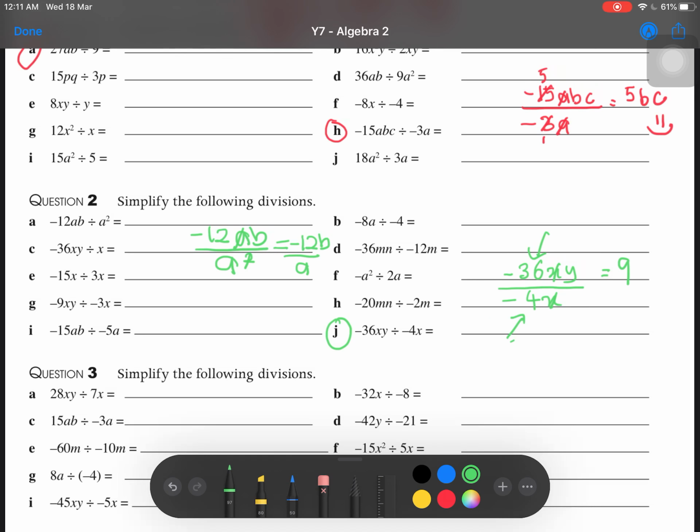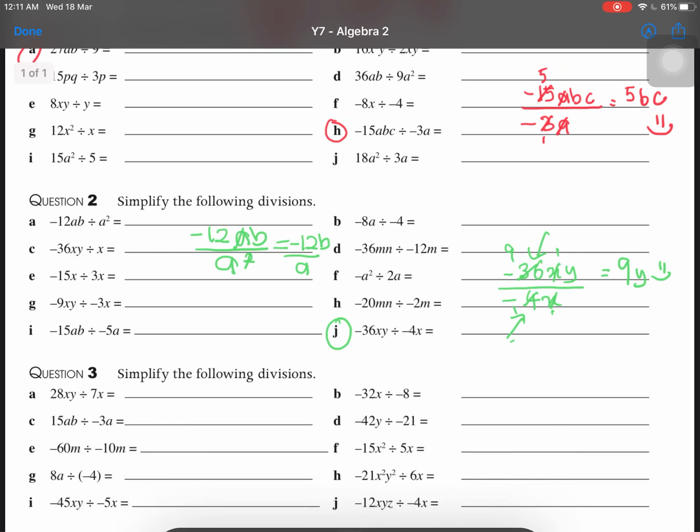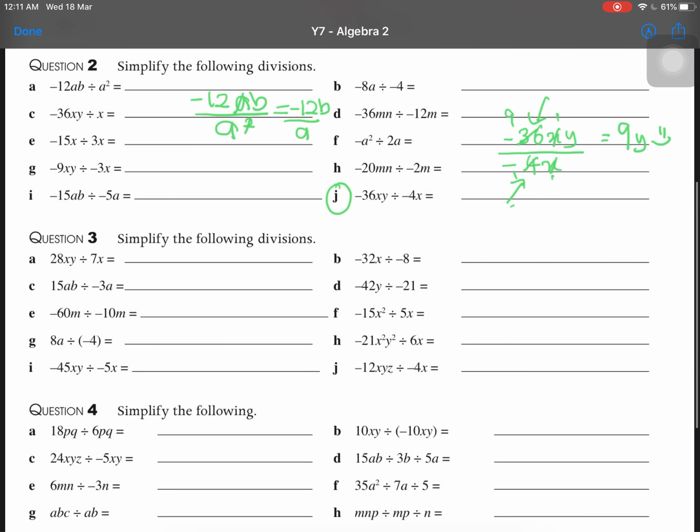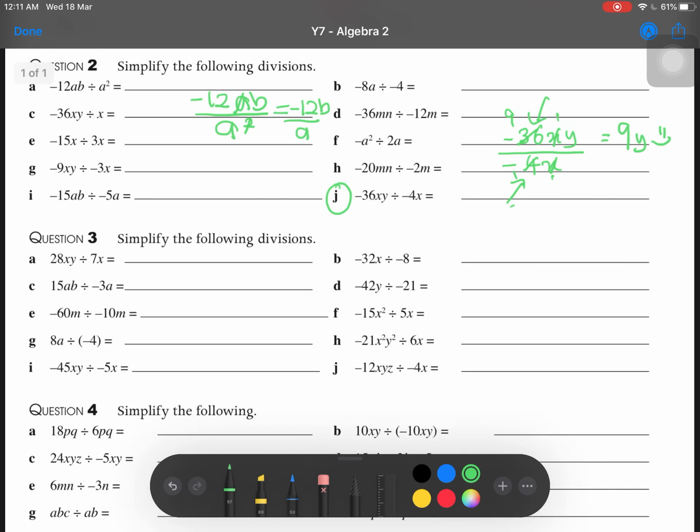That leaves you with y. So okay, I'll slash it 1, I'll slash it 9, and then what is left is 9y. Done. Okay, let's look at the different variation from question 3. Not much of a difference, I would say.